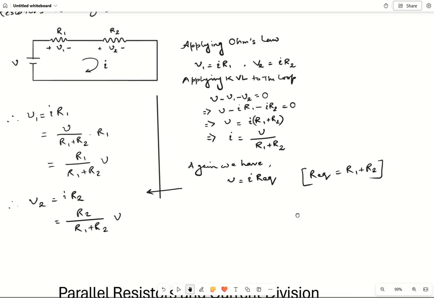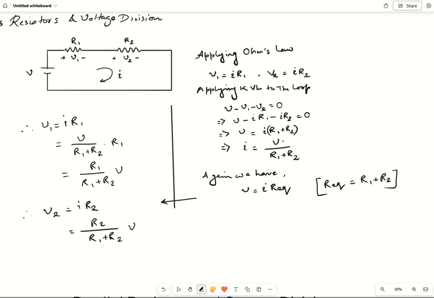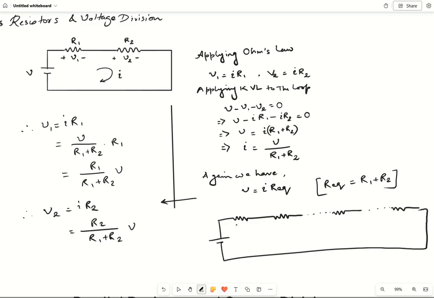Now, like your current division rule, similarly if we extend this circuit into this circuit, where we have resistances R1, R2, Rn, and in between Rx, and we are determining what will be your Vx.